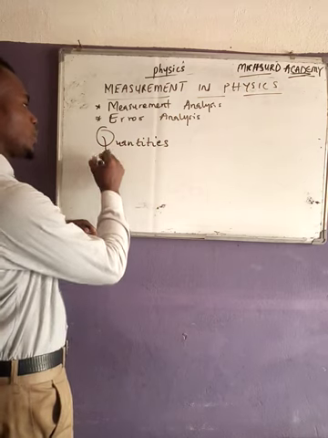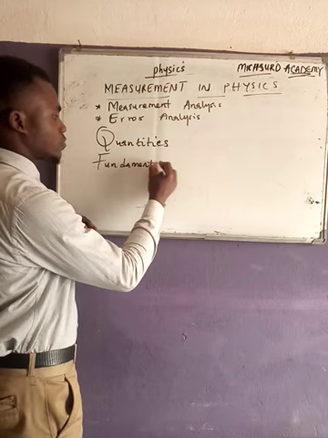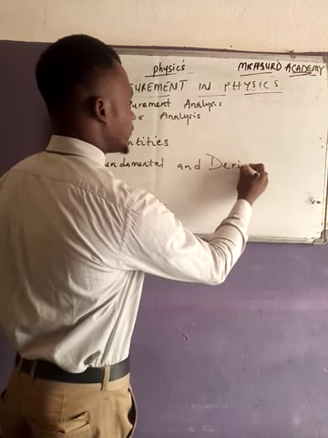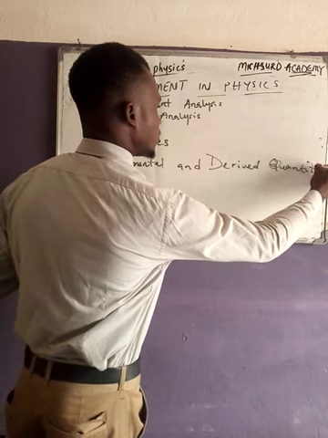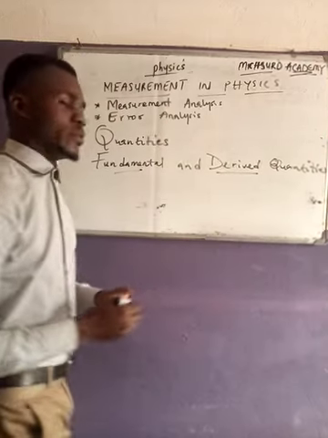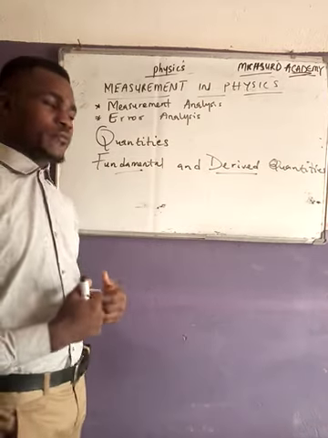In quantities we have what we call the fundamental quantities and we have the derived quantities. So these are the two types of quantities that we have in physics.